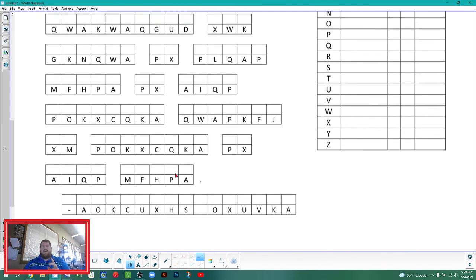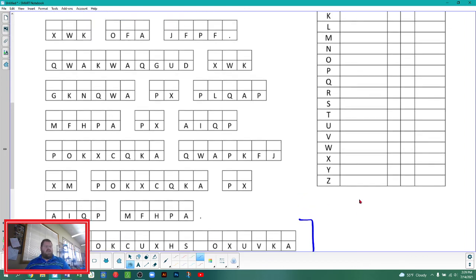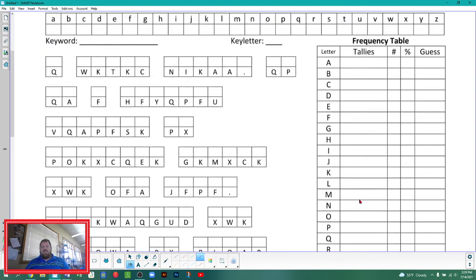To find the percentage, we would have taken our number, divided by 132. In this one, there's not 132, but I think there's less. And another thing. Names get weird. So when I'm figuring out the tallies, I do not include the author, the author of the quote. Okay, but I go through and I do all that stuff and it works out towards the end. And then I left a column here in case you want to put a guess.